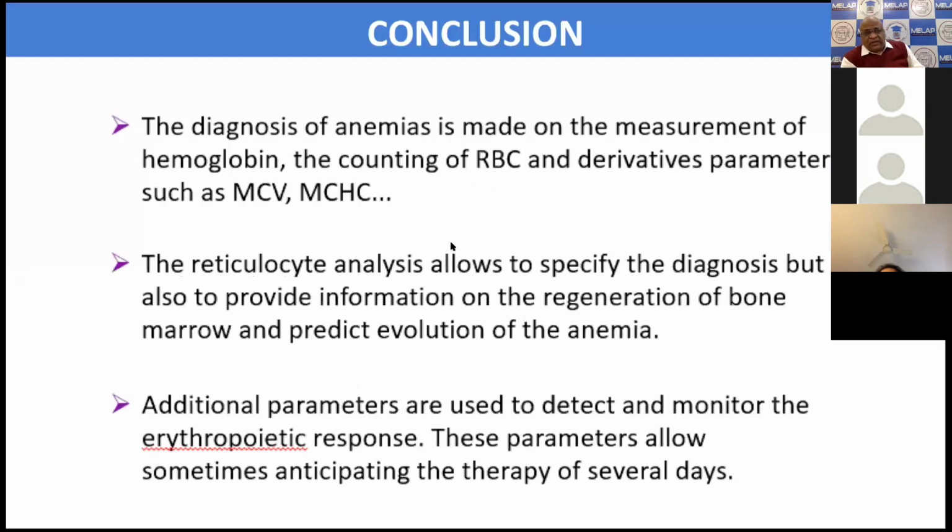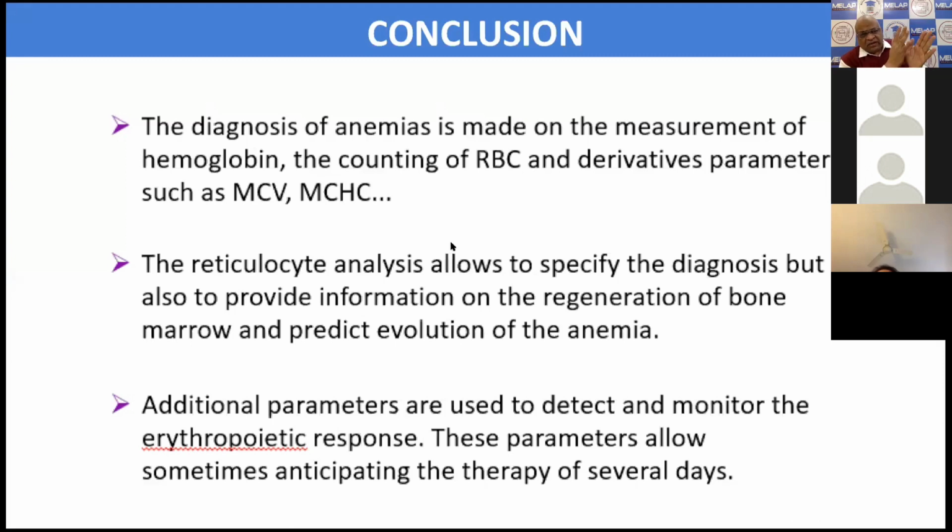So now the conclusion is, for the diagnosis of anemia, careful evaluation of CBC parameters is very important, and include reticulocyte count in your routine CBC. Don't wait for the clinician to ask for it.